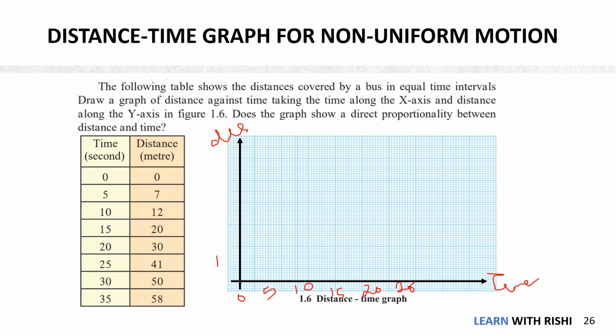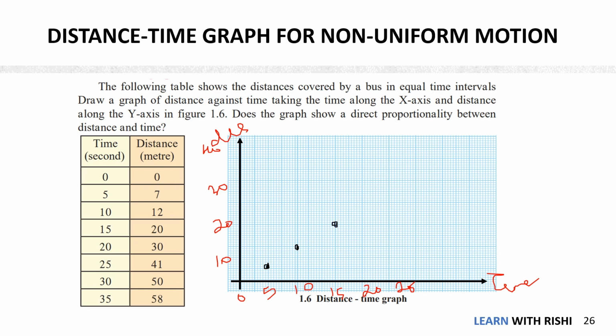Here 10, 20, 30, 40. When the time was 0 seconds, the distance is 0 meters. For 5 seconds, the distance is 7 meters, so 7 meters will lie somewhere here. For 10 seconds, the distance is 12, so it will lie somewhere here. This is just a rough graph. For 15 seconds it is 20.